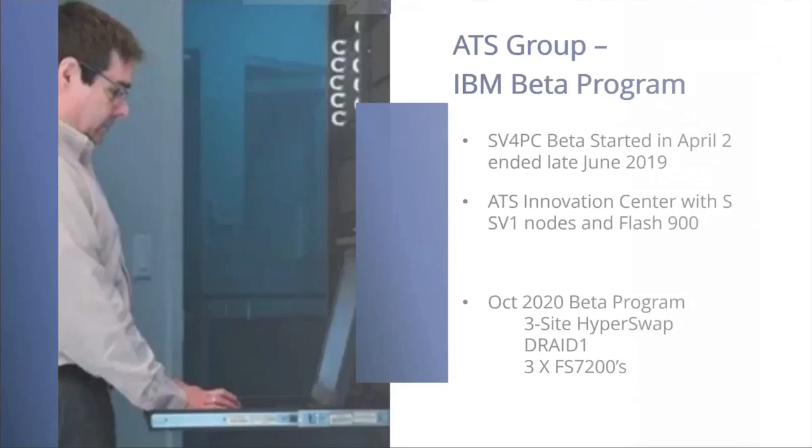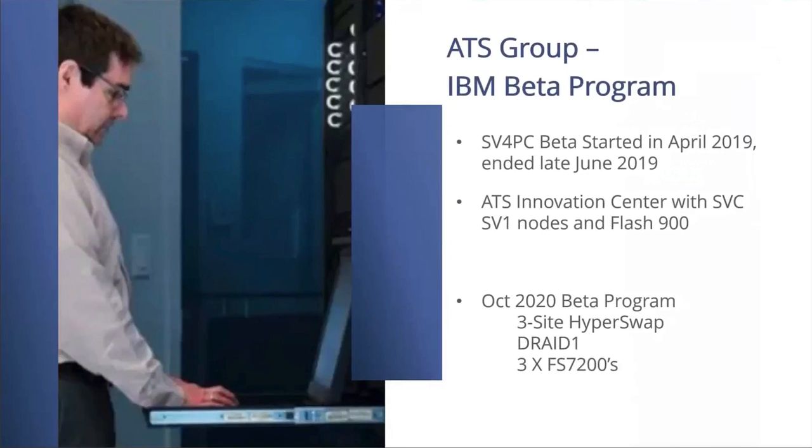So how do we get here? We're actively engaged in the IBM beta program, have been for probably over 10 years now, along the storage and power footprints. So beginning of last year, April of 19, we were in the SV for Public Cloud beta program. We were able to take our expertise from the on-prem Virtualize and the AWS practice and basically configure our own Spectrum Virtualize for Public Cloud and our on-prem solution.